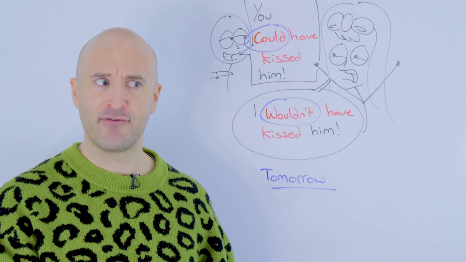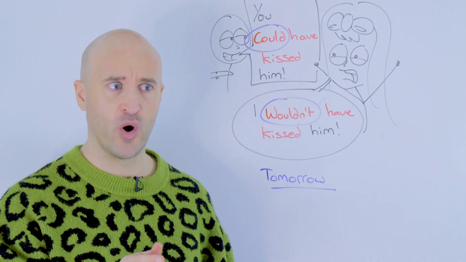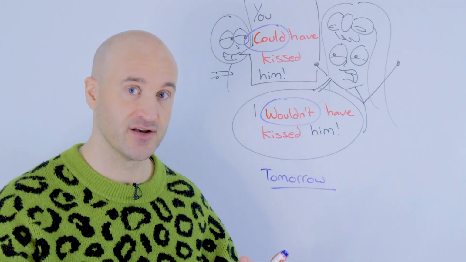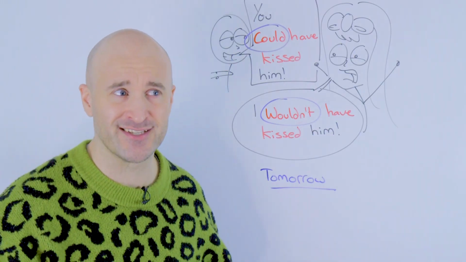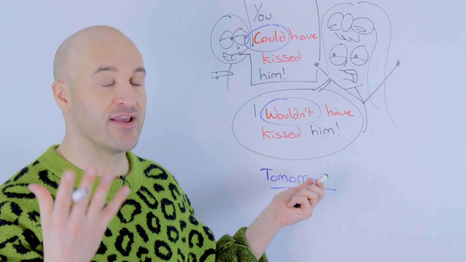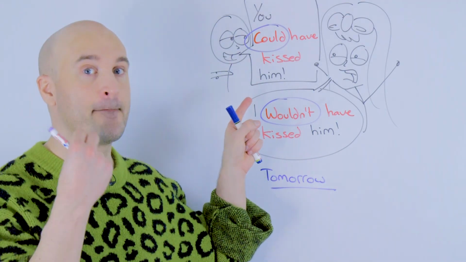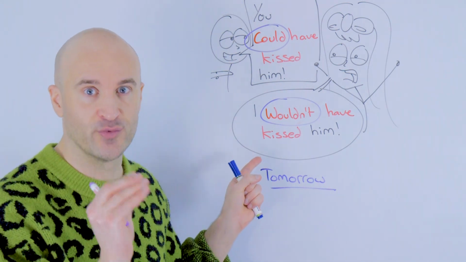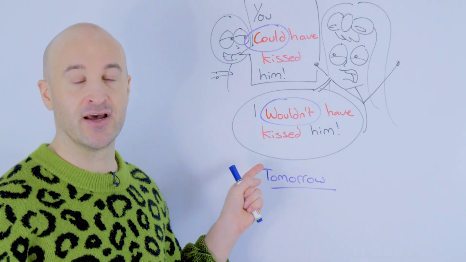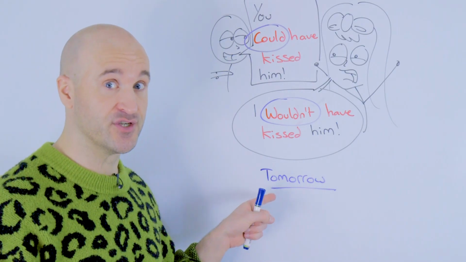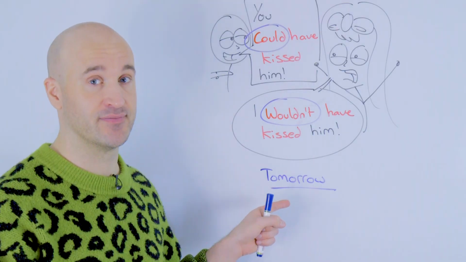She is saying, definitely not. This won't happen, but in an imaginary way for the future. "No, I wouldn't have kissed him." Again, we're talking about the future, but an unreal future. You could have kissed him, possibility. I wouldn't have kissed him, saying it won't happen, but in a hypothetical, imaginary way. Why? Because this future is not going to happen.